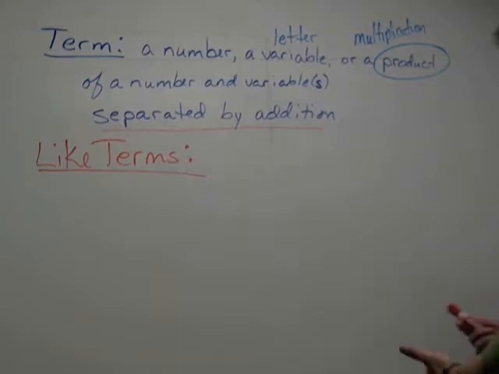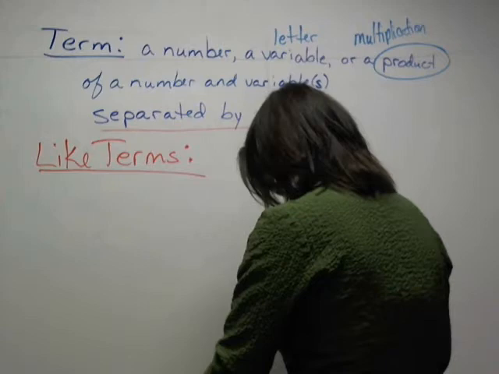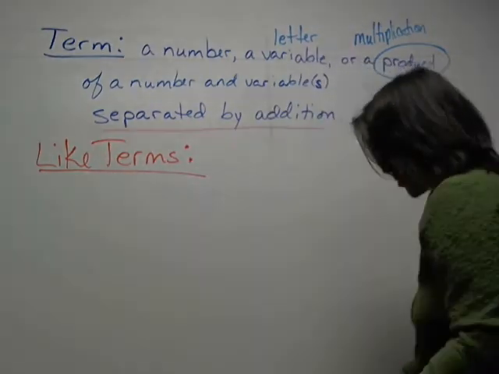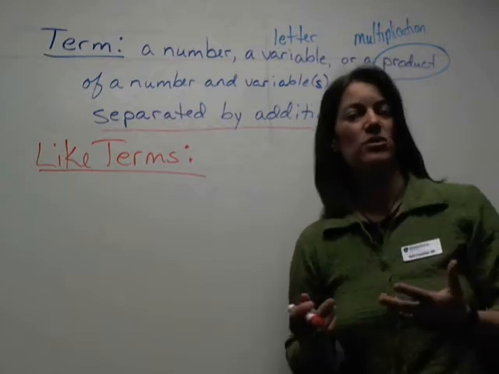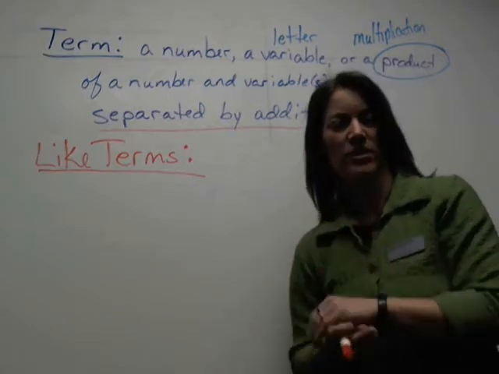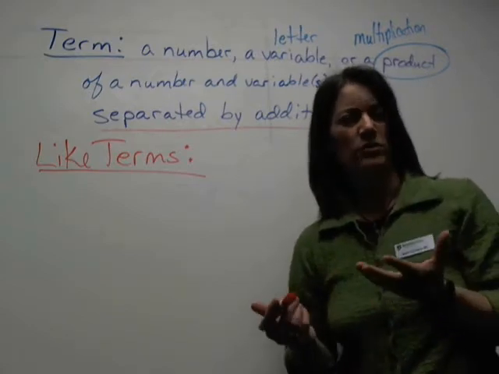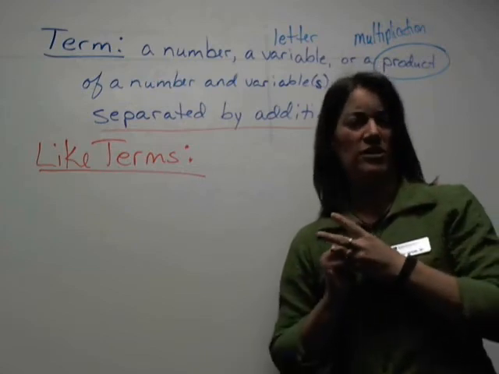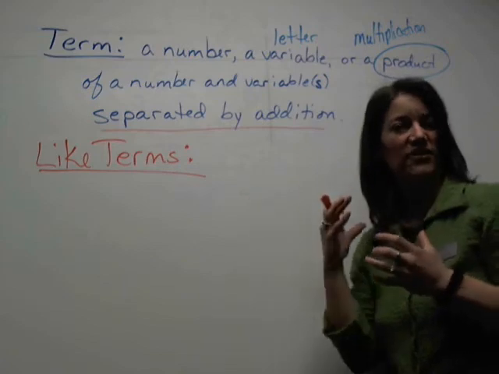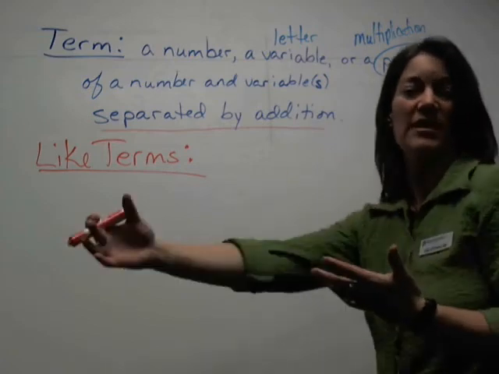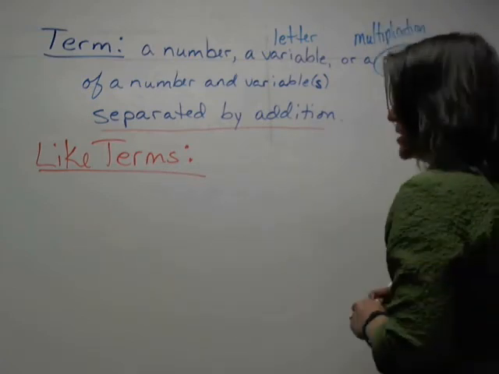But we need to be more specific than that. What are like terms? Like terms have two criteria. For most of this course, we're only going to be looking at the first criteria. But during the last week or so, we're going to be looking at the second criteria as well. So I want to make sure that I identify it now so we have the correct definition in our head and we can just make that next transition during the last week.